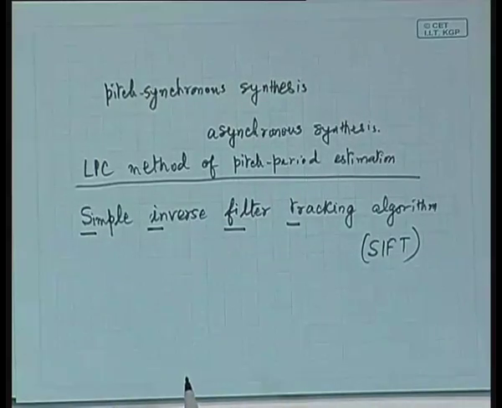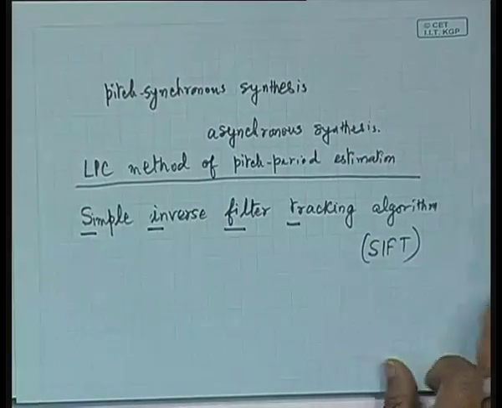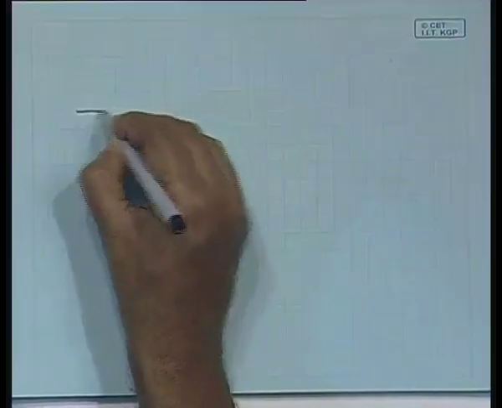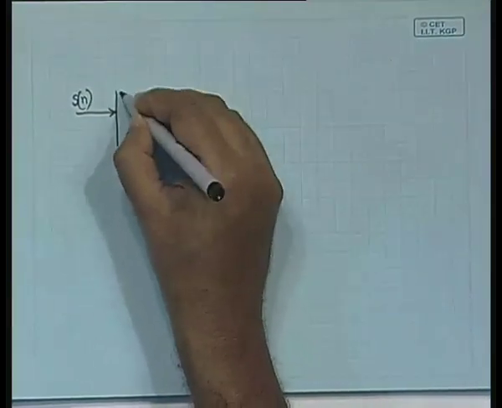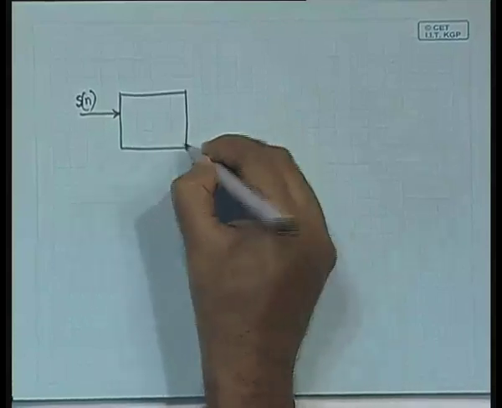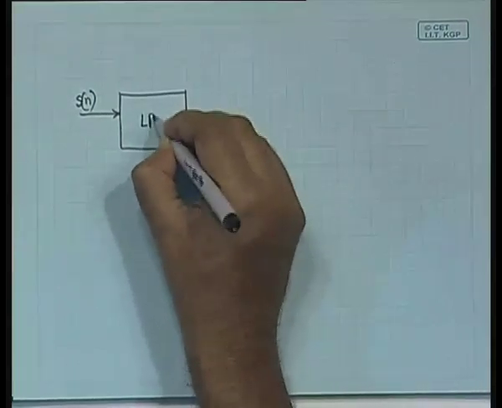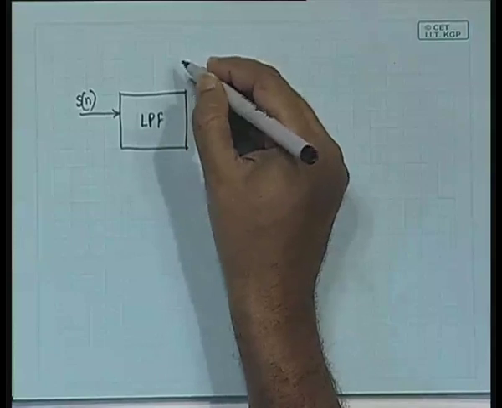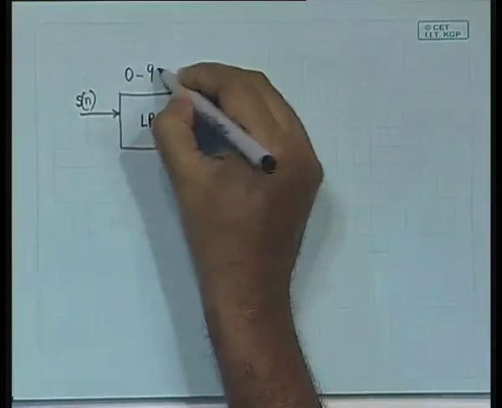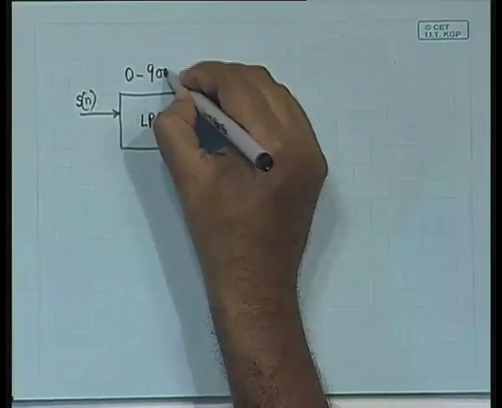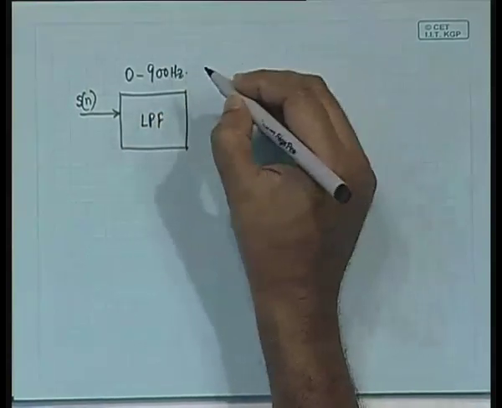In the SIFT algorithm, the block diagram goes like this: we have S of n as the input, and then we have a low pass filter with an upper cutoff in the range of 900 hertz.